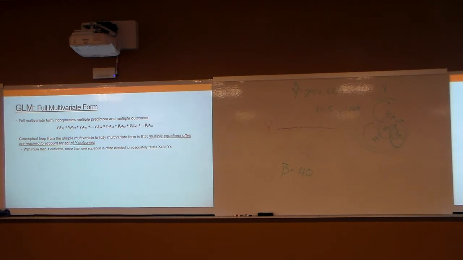If I have more than one outcome, I often need more than one equation to adequately capture the relation between all of my x's and all of my y's. Think about algebra with multiple unknowns. If I just have one unknown in my equation, it's pretty straightforward to figure out. But remember back in high school, all of a sudden we've got x's and y's all in the same thing, and it's mind-blowing.